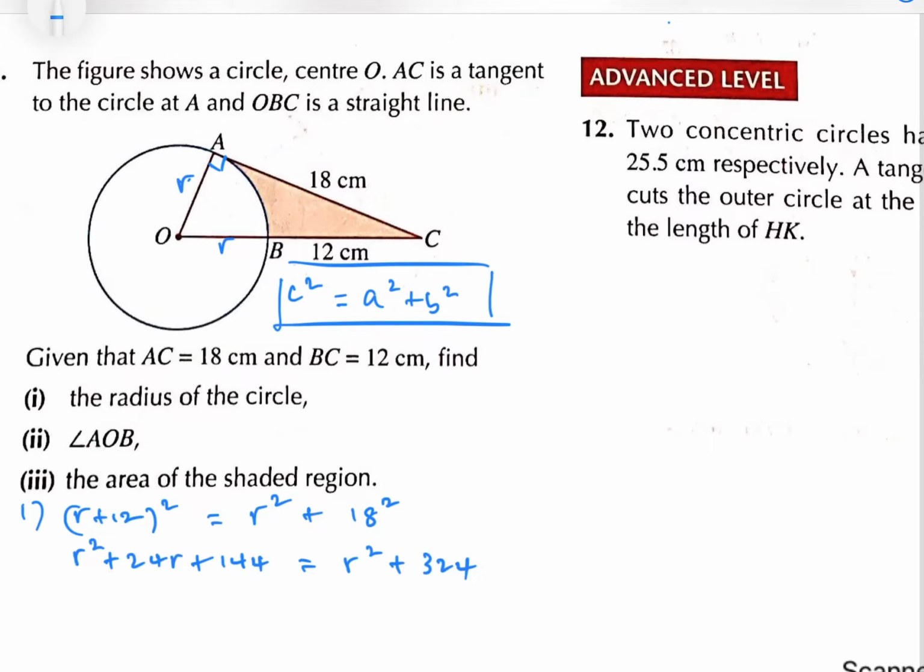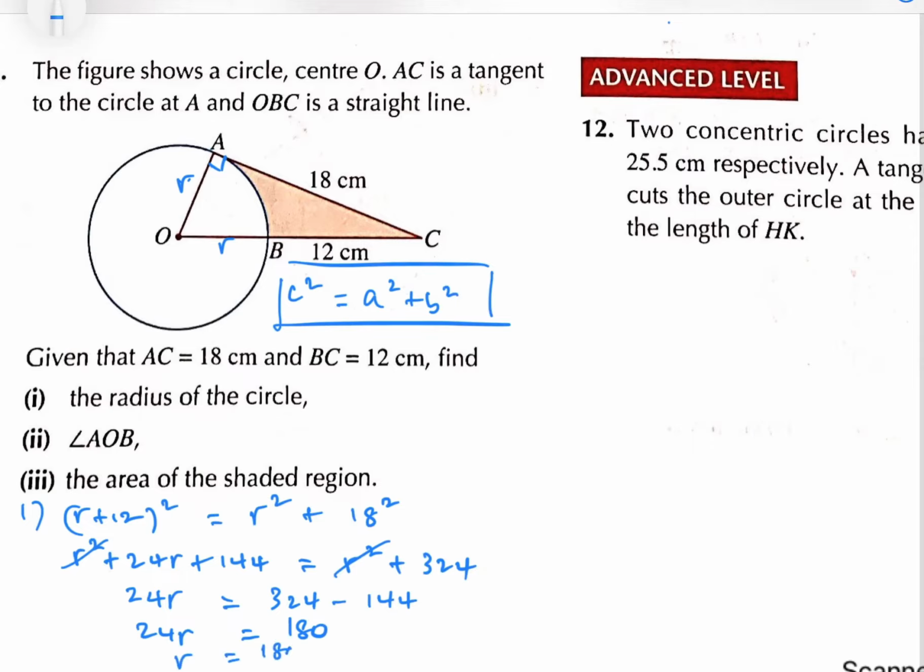Subtracting R squared from both sides, the R squared cancels, leaving us 24R equal to 324 minus 144, so 24R is equal to 180.